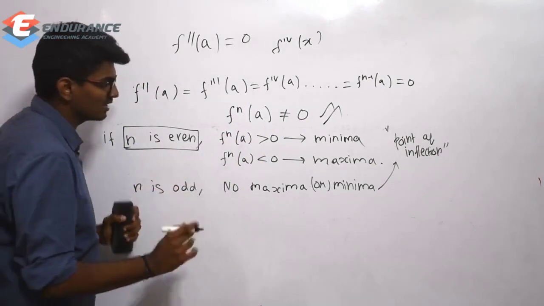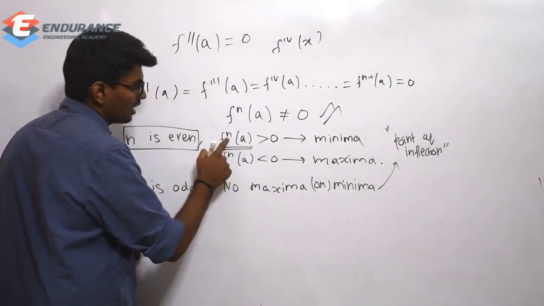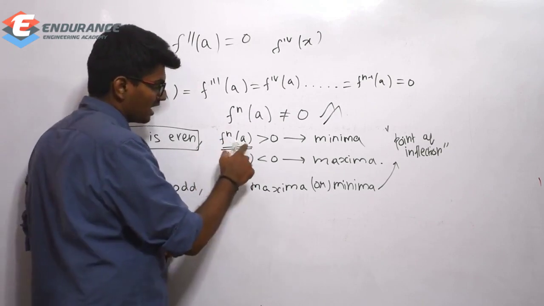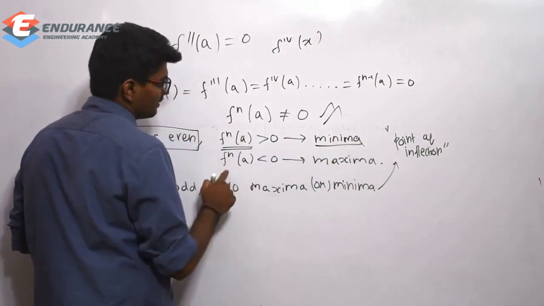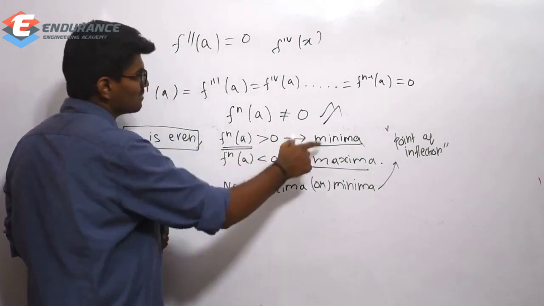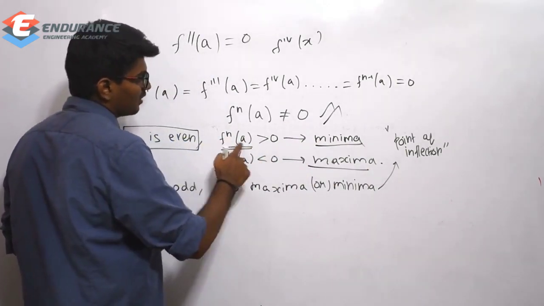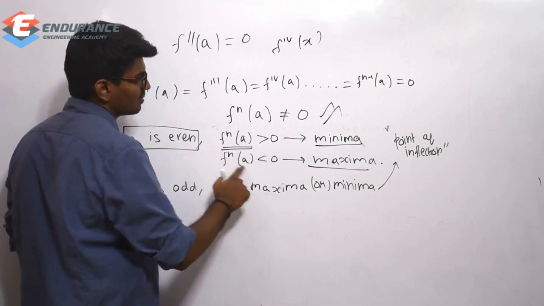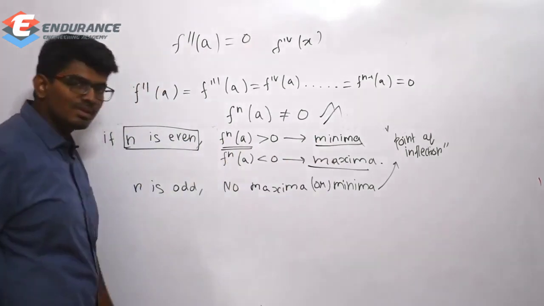What is that step? It remains the same. If f power n of A is greater than 0, it will be minima. If f power n of A is less than 0, it will be maxima. Nothing but x will be minima when f of A power n is greater than 0, and when f of A power n is less than 0, then x will be maxima.